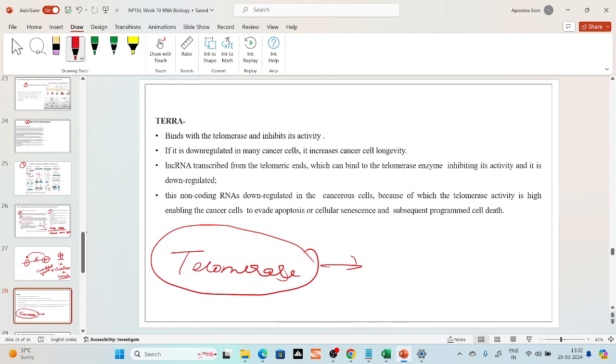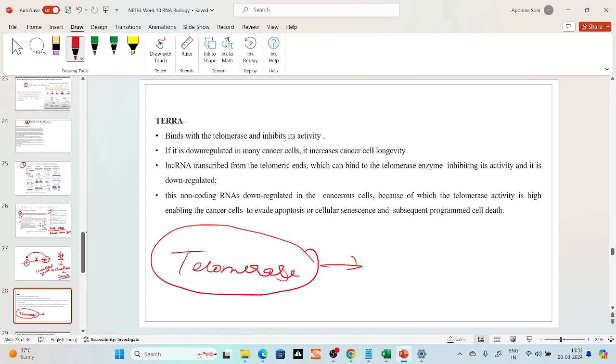And this shortening of the telomeres can only be achieved when the enzyme which adds more telomeres at the end is inhibited, and that enzyme is telomerase. This telomerase is inhibited with the help of a non-coding RNA, which is TERA. So if TERA is not there, telomerase will keep on adding the telomeres to the end. The cell can never die. The cell becomes a cancerous cell.